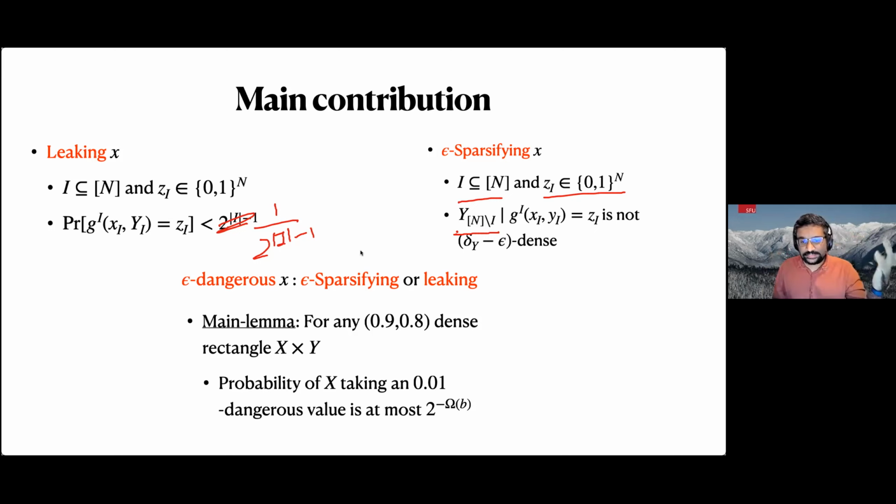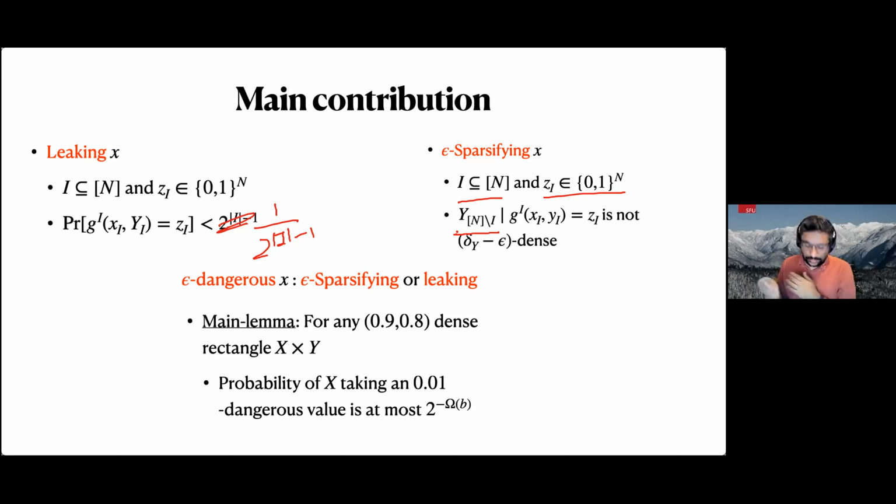So our main lemma says that if your XY rectangle is 0.9 dense and 0.8 dense respectively, so there's some slight asymmetry in the density of X and Y, but it doesn't have to be these particular constants, but for simplicity let's assume 0.9 and 0.8, then the probability of X taking a dangerous value is bounded by 2 to the minus omega of b, where b is the gadget size.